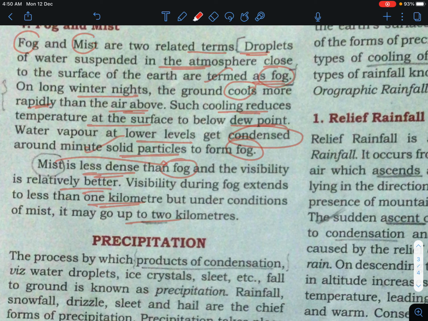After 2 kilometers we are not going to see anything.